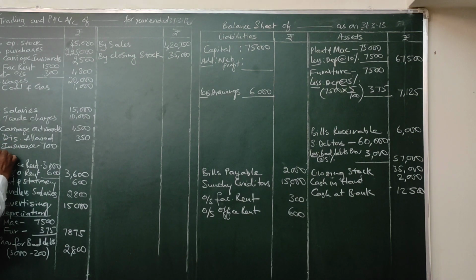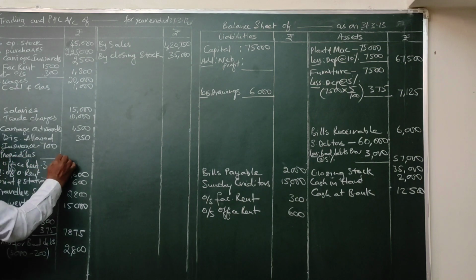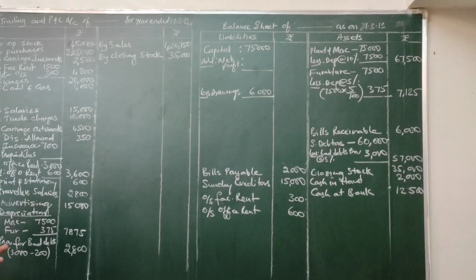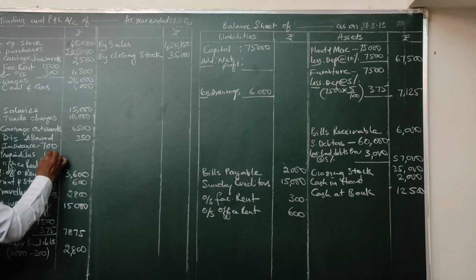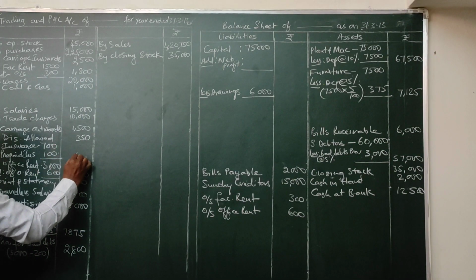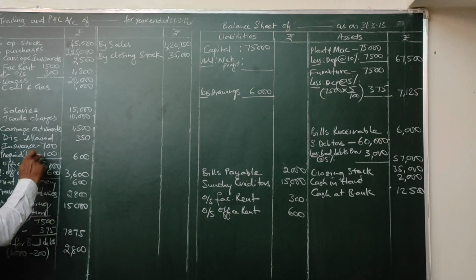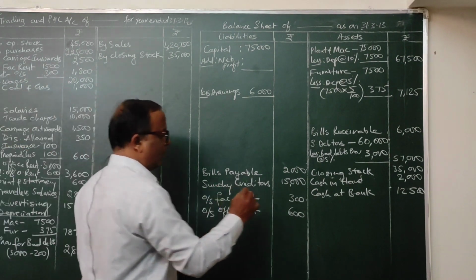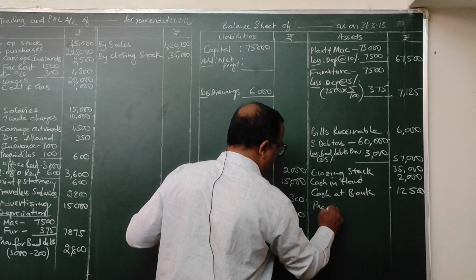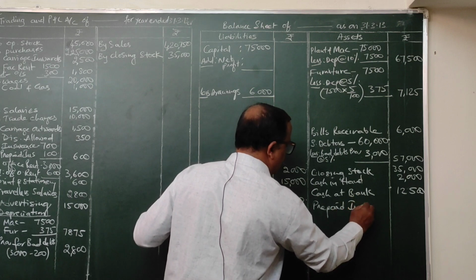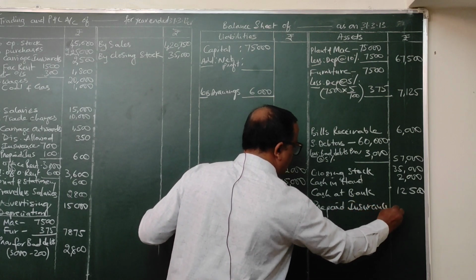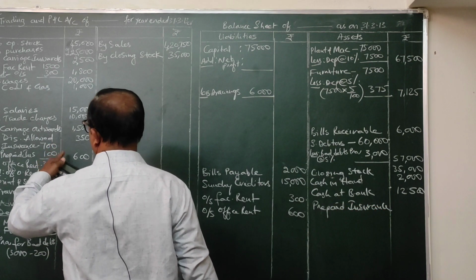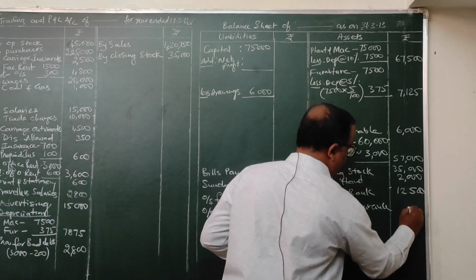So less prepaid insurance, 100. The remaining will be 600. Then again, this prepaid expense is an expense paid in advance, so it is an asset to us. We should write prepaid insurance, 100, on the asset side.